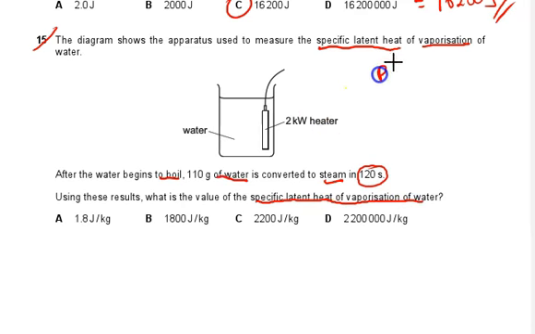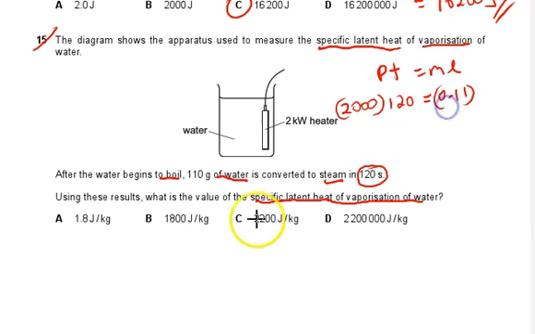So we have to use this formula, ml. So this is the energy. Okay, this is the energy. So 2 kilowatt, 2000 watt, and the time here is about 120. The mass here is about 0.11, and the specific latent heat. So we have to divide this. So 2000 multiplied by 120 divided by 0.11.